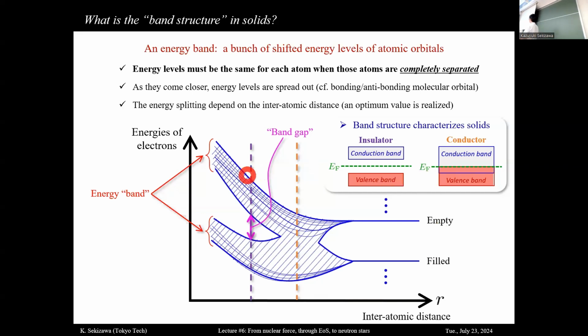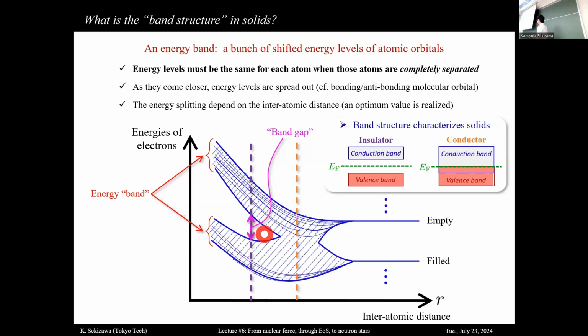So it is inside the conduction band, so it behaves like a conductor. But on the other side, if we have a band gap here for this interatomic distance, so the filled valence band is somewhere here, up to here. And to excite the last occupied electrons, we need to add some energy to overcome this band gap.